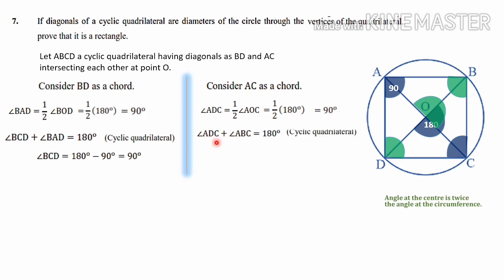So if you put ADC as 90 degrees, angle ABC will be 180 minus 90, which is equal to 90 degrees. So angle ABC we have got as 90 degrees, and angle ADC we have written here again as 90 degrees.